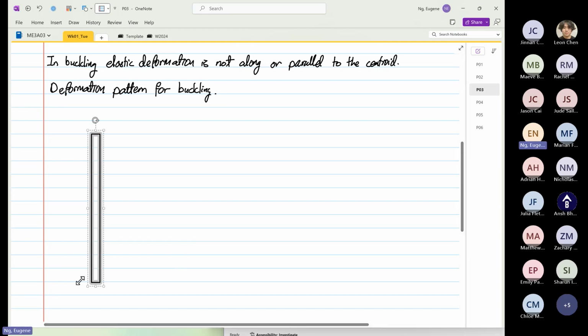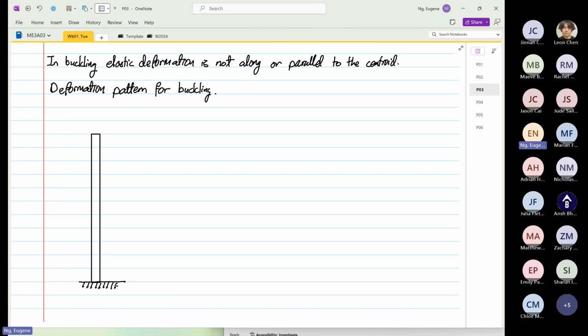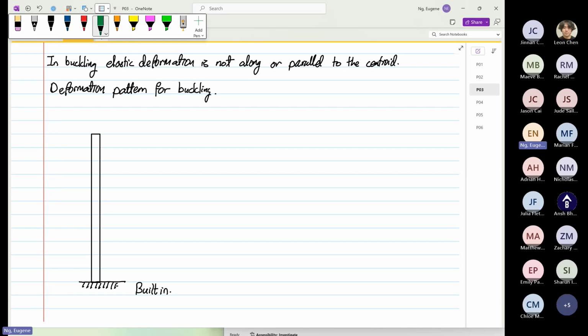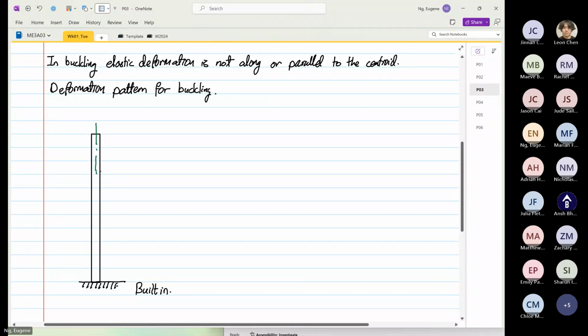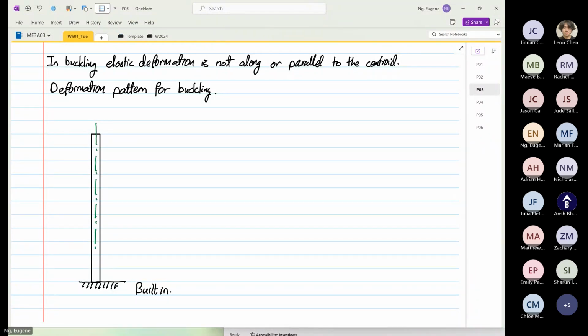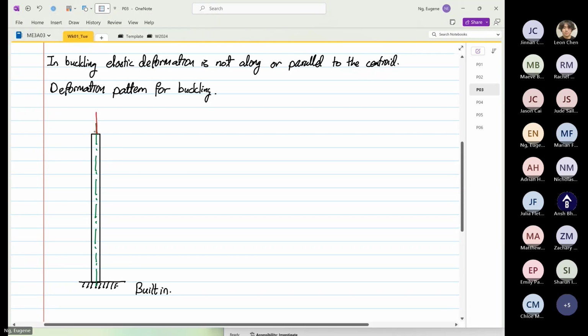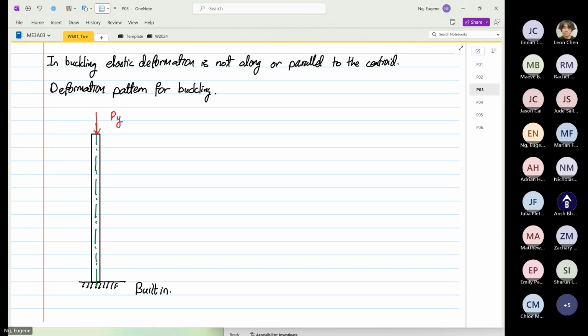Over here, you have a built-in support. And then we have our centroid again, and then we have a P, Py, which is our axial load acting along the centroid.